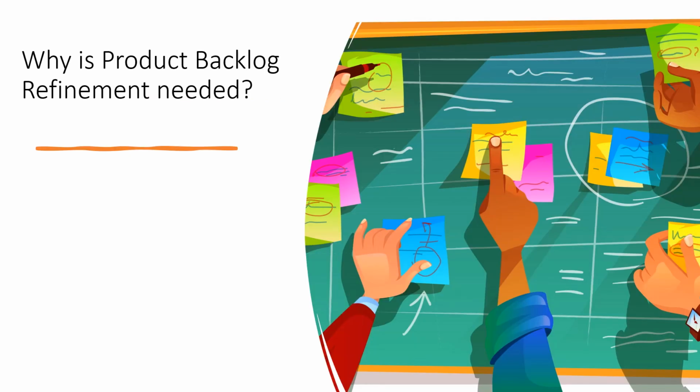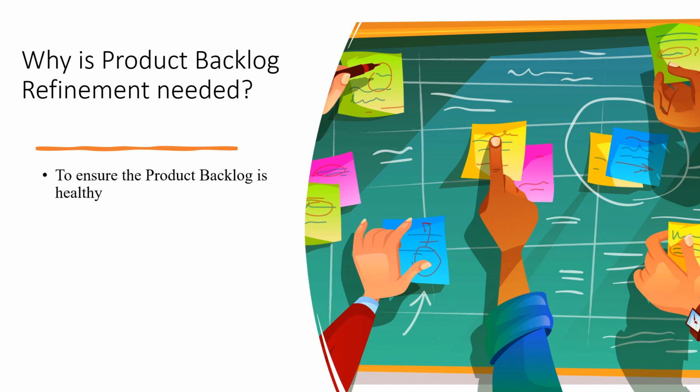Why is product backlog refinement needed? Whatever we do before getting into this, if you are clear on what it means and why it is needed, then the remaining things will be very easy. So why is product backlog refinement needed? To ensure the product backlog is healthy.